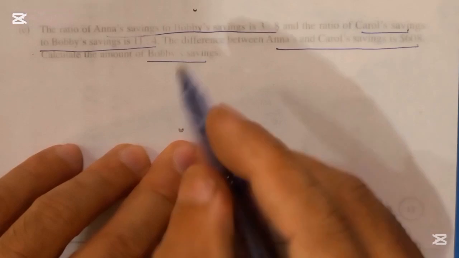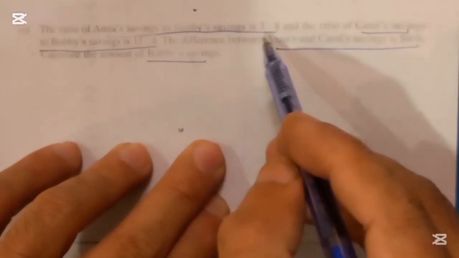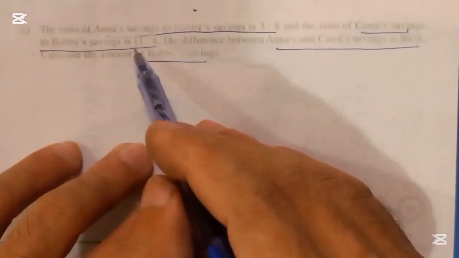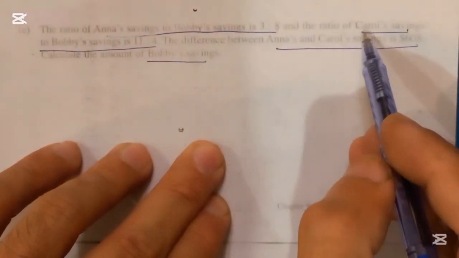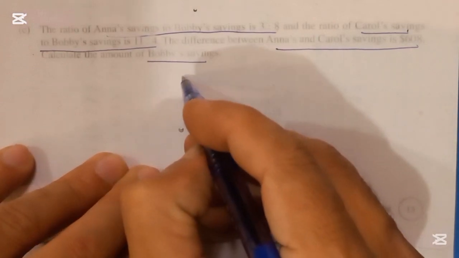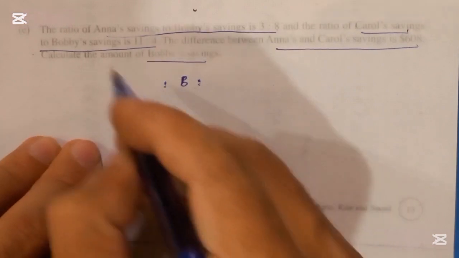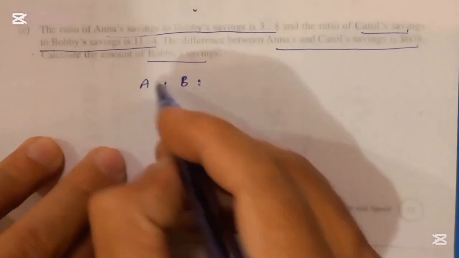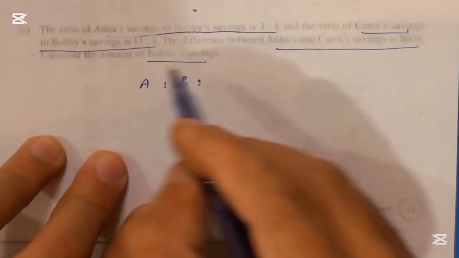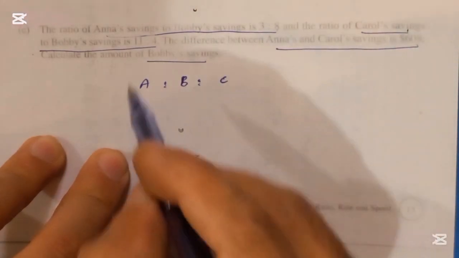In the question we have two ratios, Anna and Bobby's, and Carol and Bobby's. Bobby is repeating in the two ratios, so Bobby will be placed in the center, and on one side we place Anna, and on the other side we place Carol.